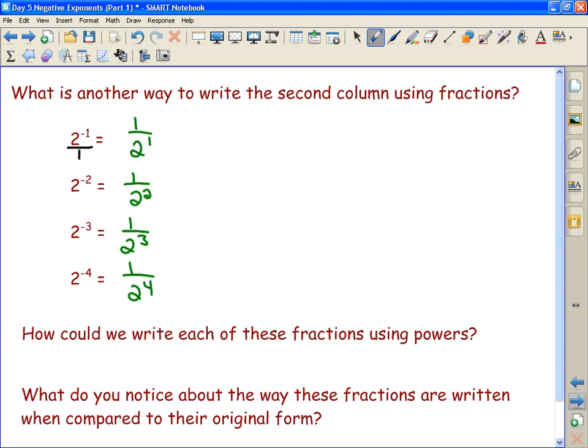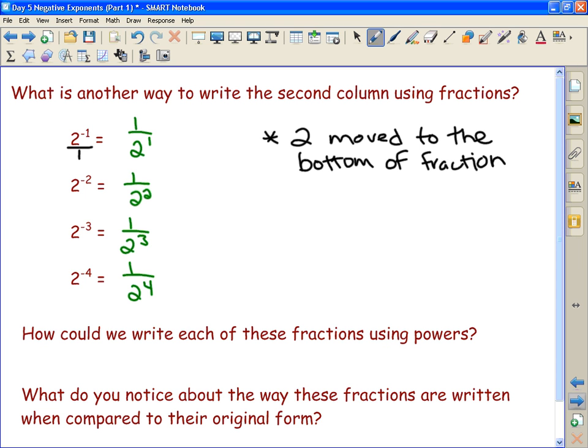If I made that a fraction, it looks like the 2 went to the denominator. So it looks like the 2 moved to the bottom of the fraction. The other thing that I might notice is that the exponent looks like it became negative, or it was negative, now it is positive.